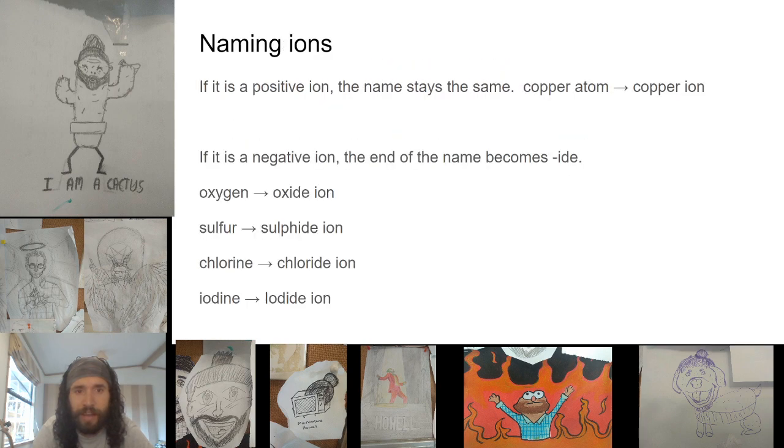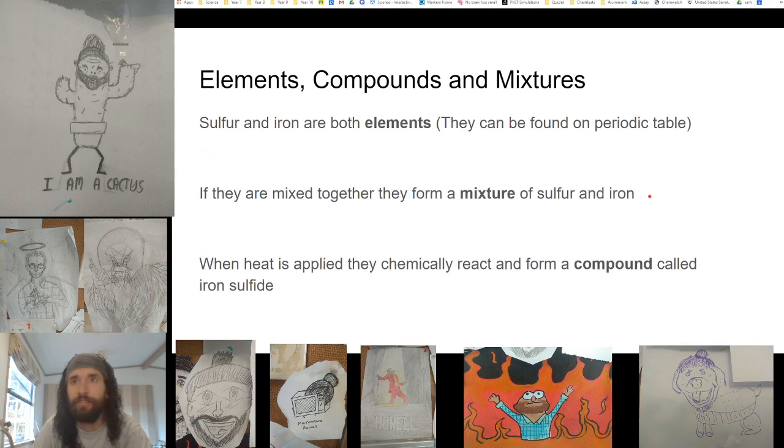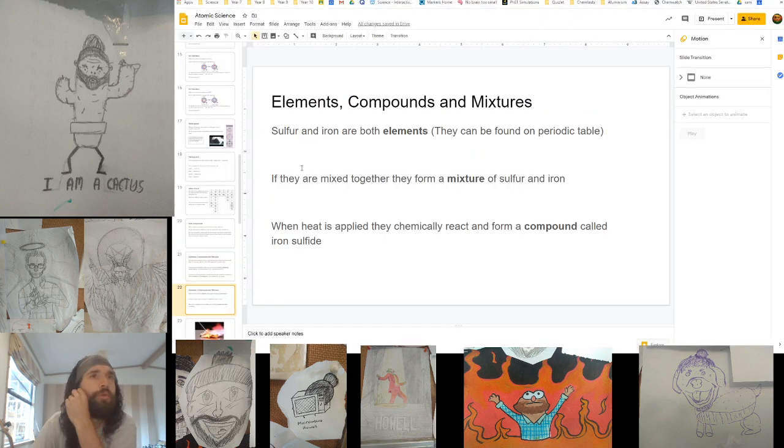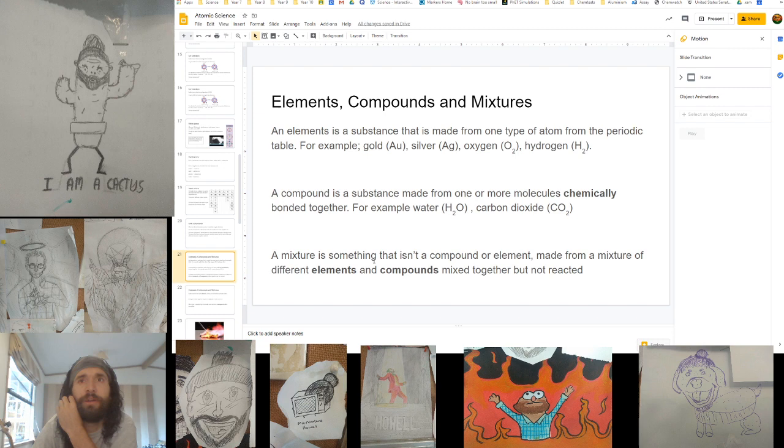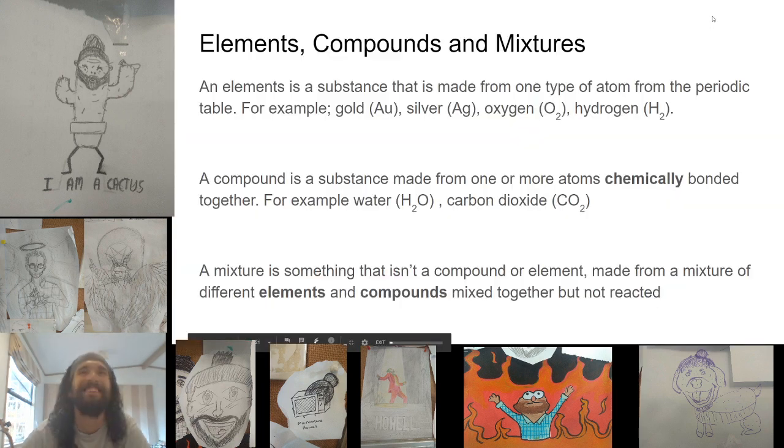Next we have a compound. A compound is a substance made from one or more atoms chemically bonded together.